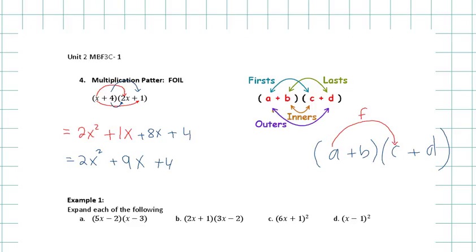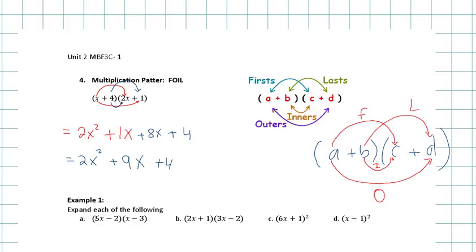So you have to multiply this times this. Then your inner, which is this times this. And then your last terms, which is this times this. So this is where they get the FOIL from, FOIL.